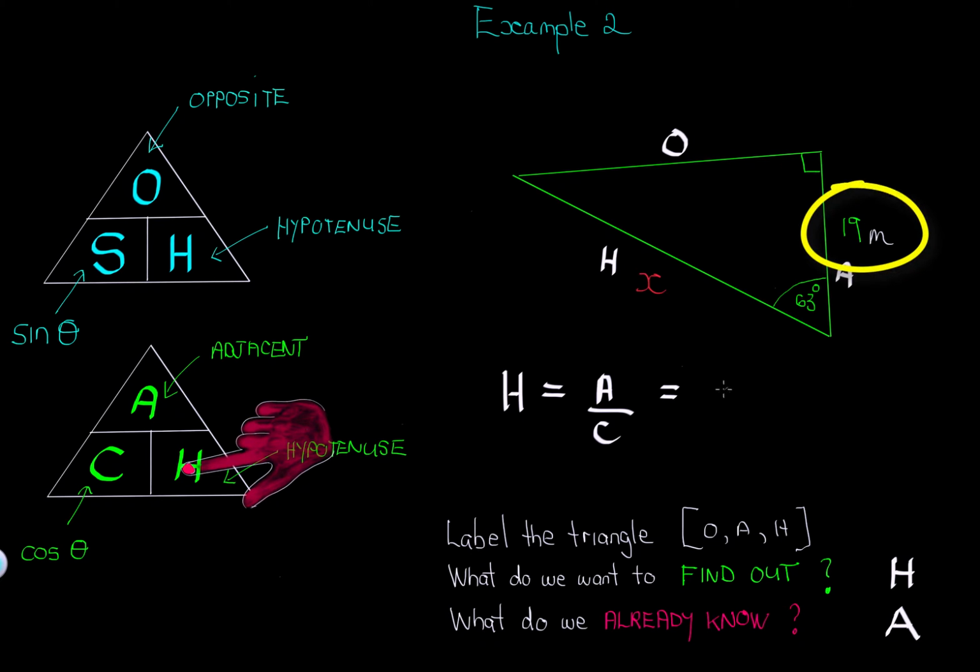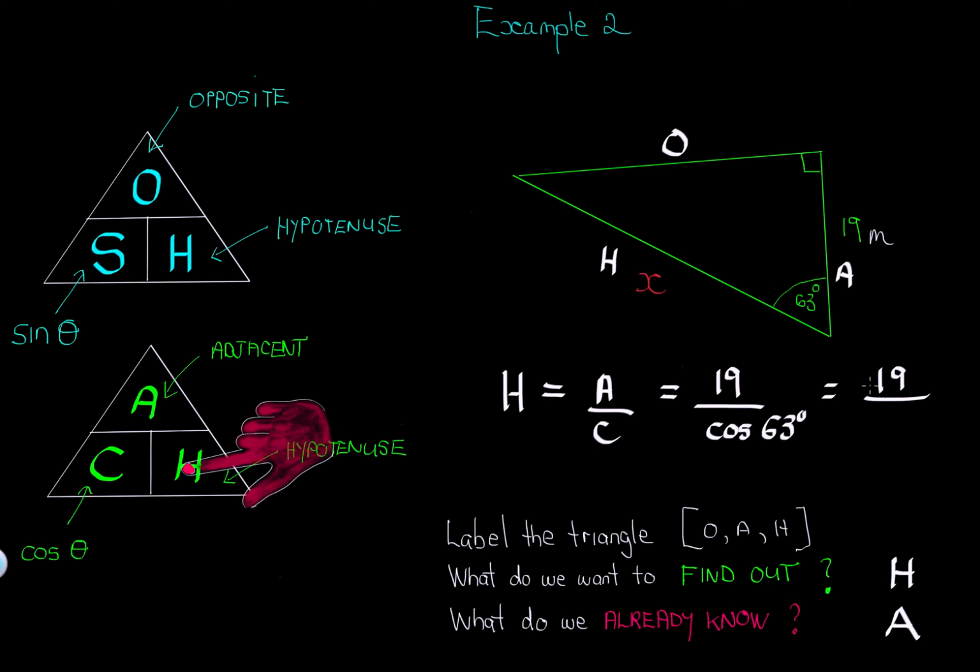Here it is, and its value is 19. So it's going to be 19 divided by C. C stands for the cos of the angle. Now the angle in this case is 63 degrees. So that's going to equal 19 over the cos of 63 degrees.